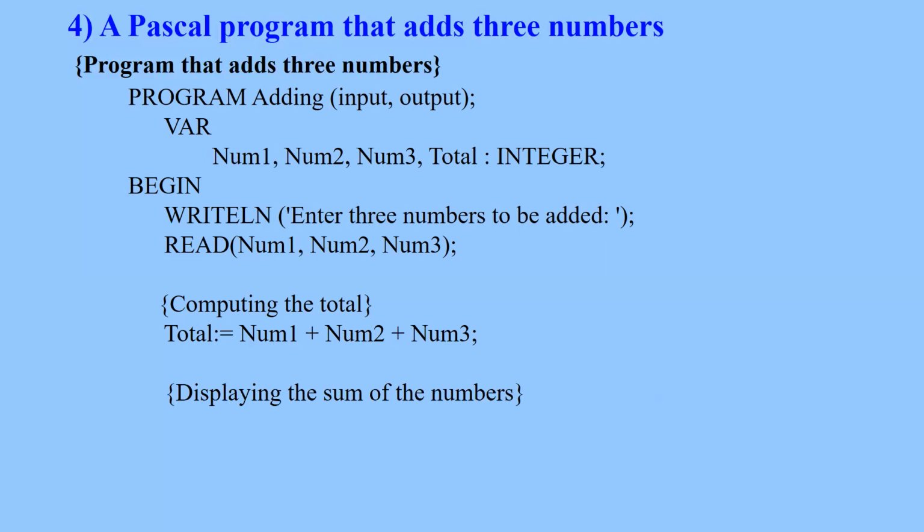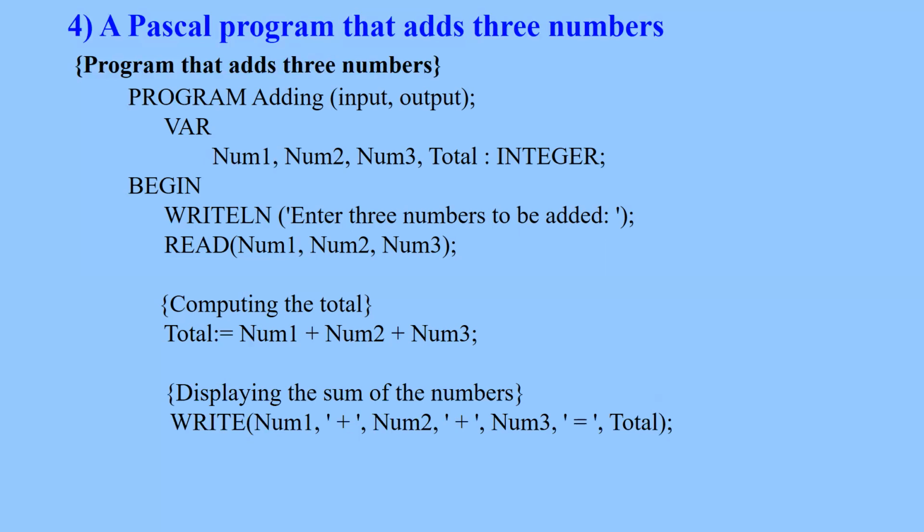Once that is done, the next step is to display the sum of the numbers entered. So my comment is displaying the sum of the numbers entered. This next statement should be one for displaying the sum.